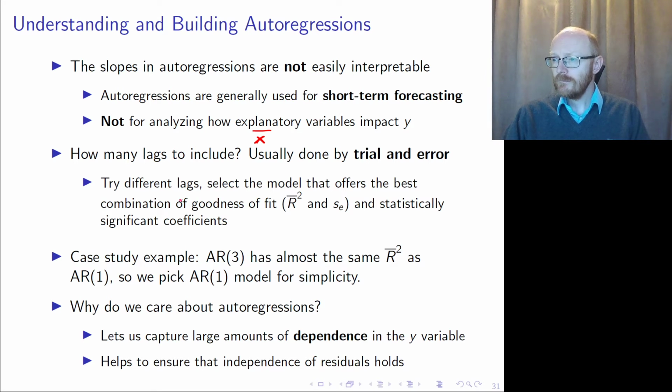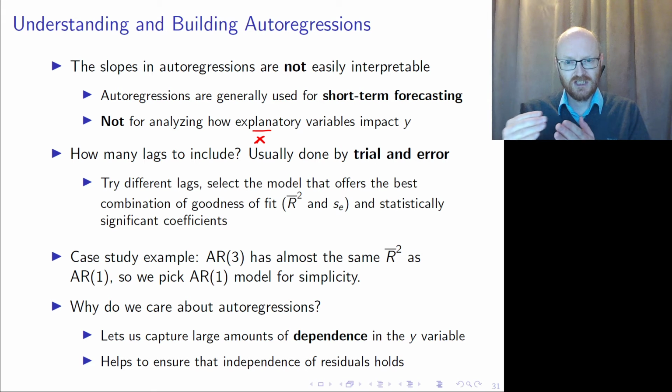One of the problems with this model is how many lags to include. You start with one lag and see what kind of fit you get, and then you try another lag.